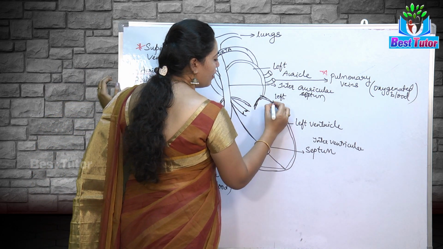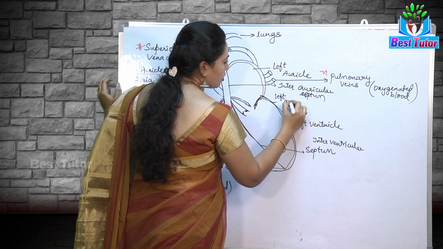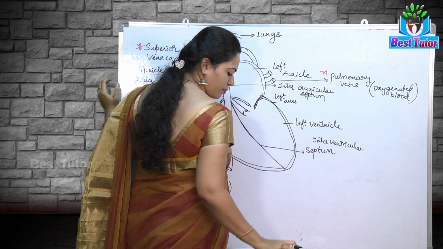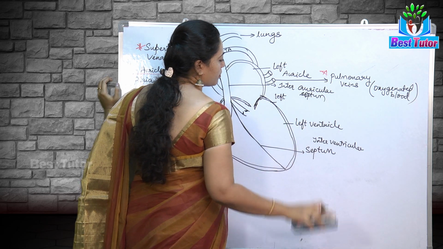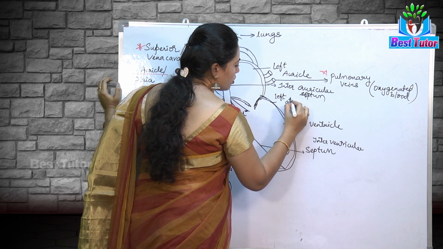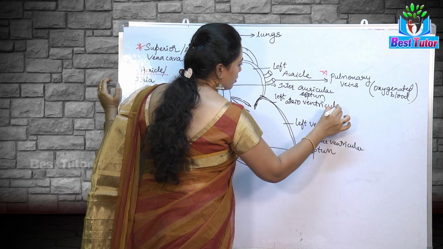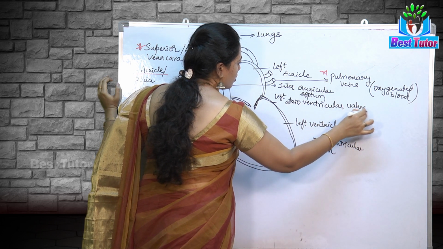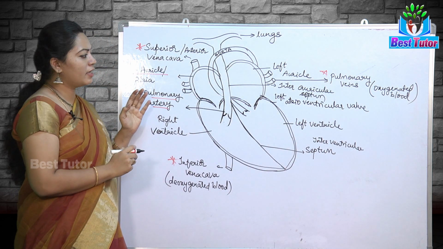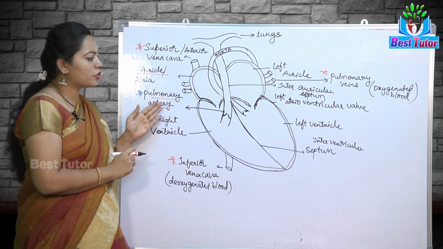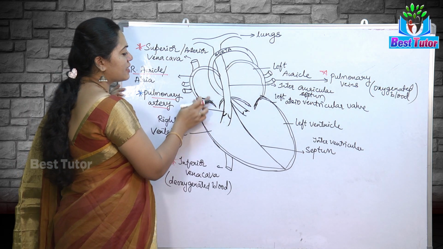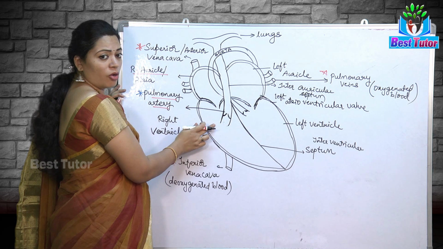So if it is on the left side, we call this the left atrioventricular wall. And if it is on the right side, it is known as the right atrioventricular wall, meaning the wall which is separating the atrium from the ventricle.